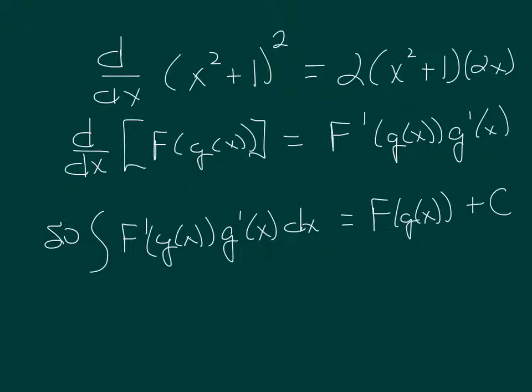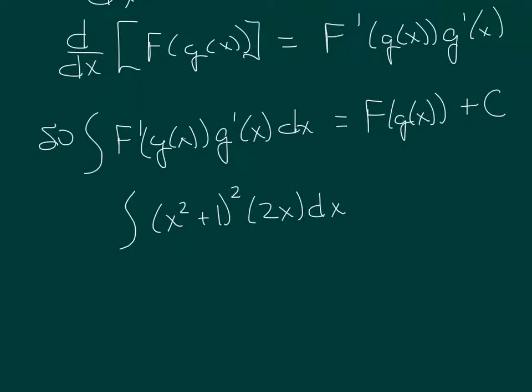If I take this integral, the indefinite integral of (x squared plus 1) squared times 2x dx, what we want to look at is, do we have the derivative of the inner function included in this integrand? The derivative of x squared plus 1 is 2x, so this fits the pattern exactly.